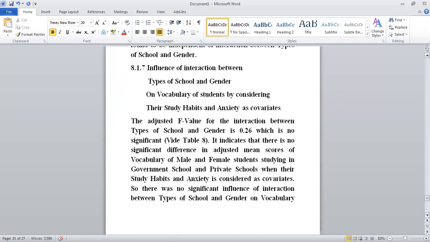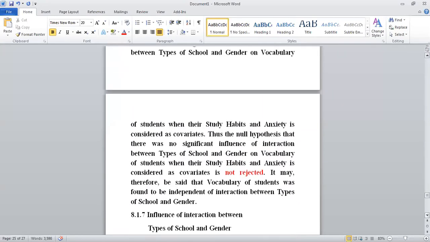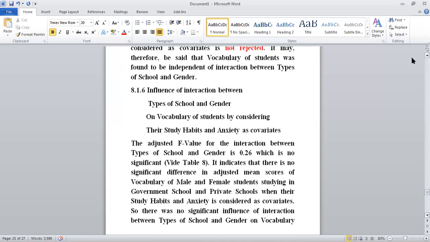Now here, so let us say 6. 6 will be influence of interaction between types of school. Now here, instead of school, it will be family, and gender on vocabulary of students.